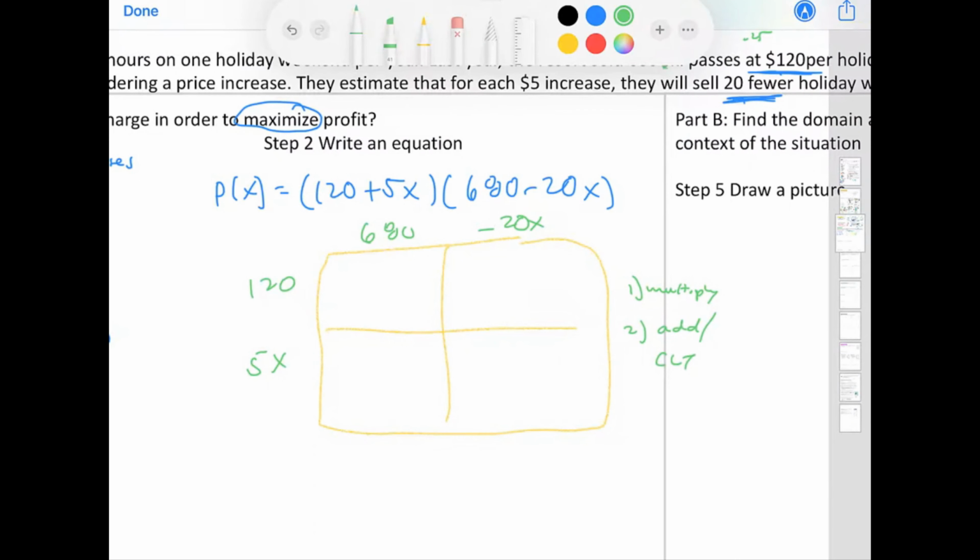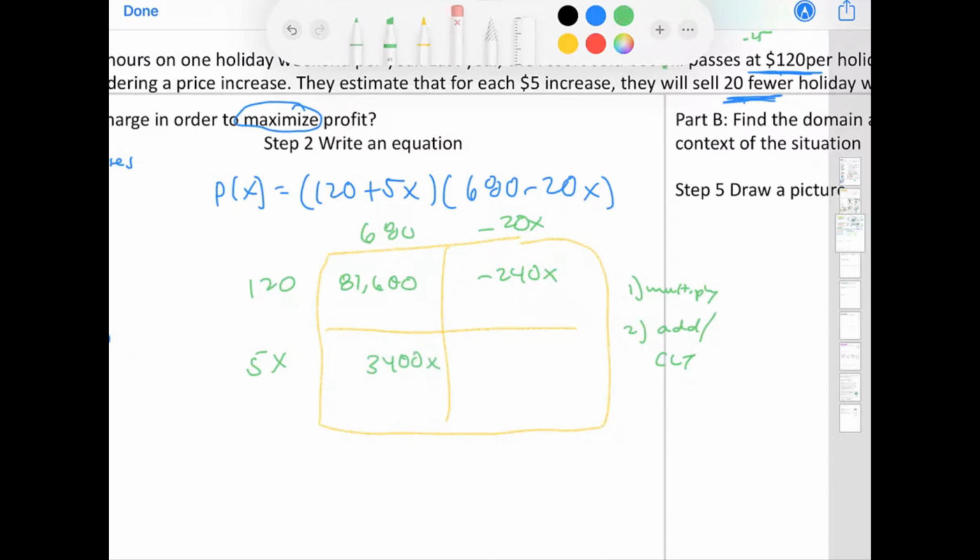Okay, I'm going to get my calculator ready here on the side. So I have 120 times 680. That'll give me 81,600. 120 times negative 20x is negative 2400x. 5x times 680 is going to be 3400x.